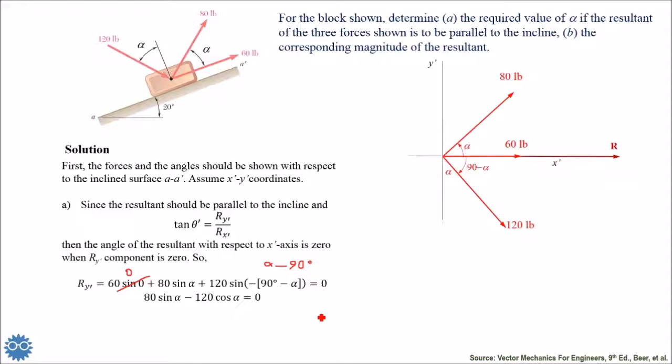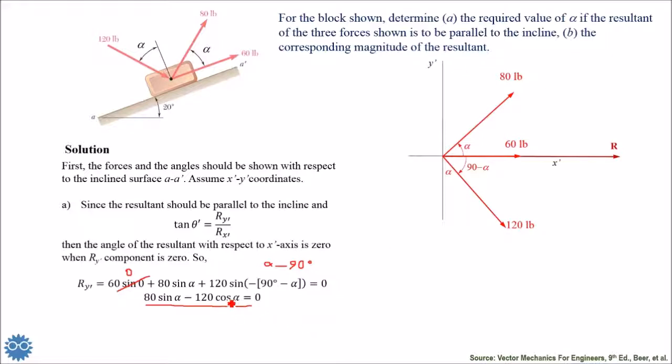There is a rule in trigonometry: sine of alpha minus 90 is equal to minus cosine alpha. When we subtract pi over 2 from any angle and take the sine, it equals minus cosine. So this will be the resulting formula.